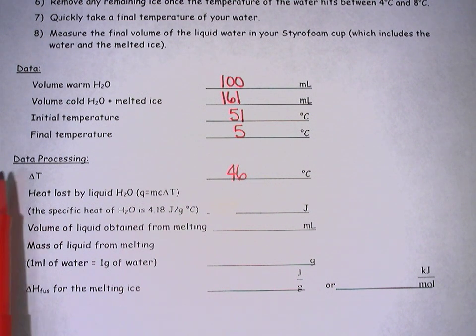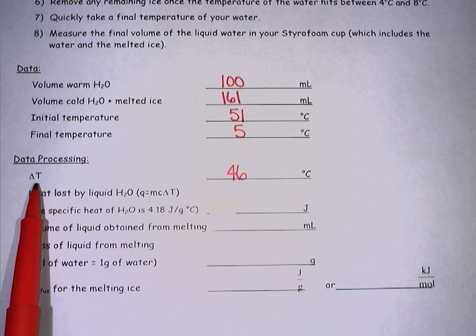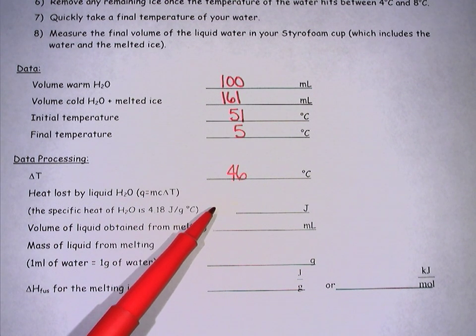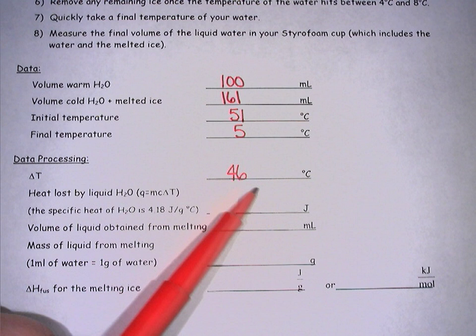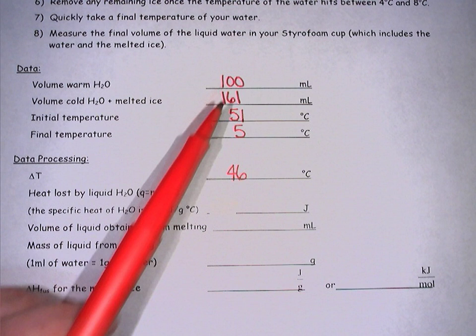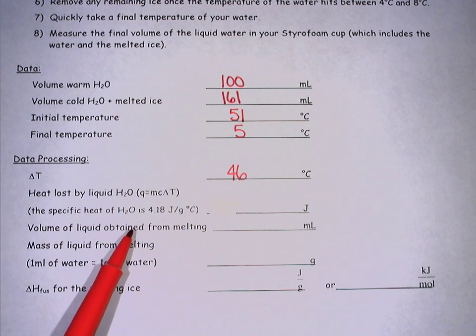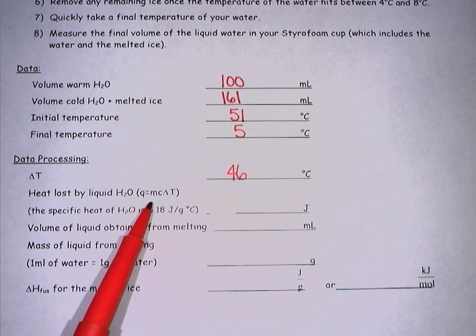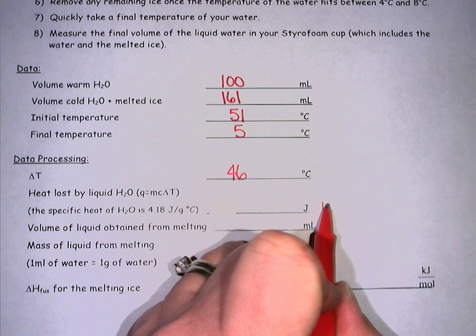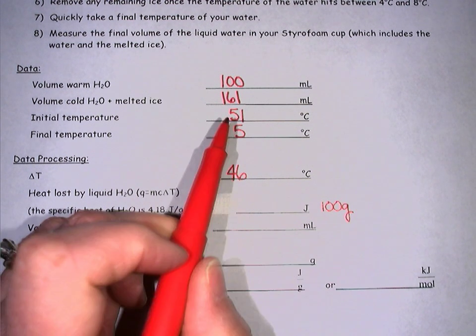Your delta T, or your change in temperature, mine was 46 because I took 51 minus 5. And then from here we can figure out the amount of energy that was lost by your original 100 grams of water. To do that, we're going to use the Q equals MC delta T equation. The mass of my original water sample was 100, because 1 milliliter equals 1 gram.